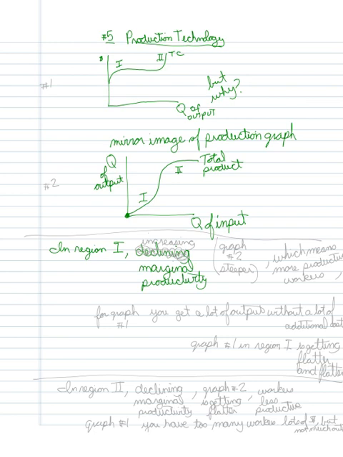which, if we just wanted to make this graph number 1 and graph number 2, that means that not declining.